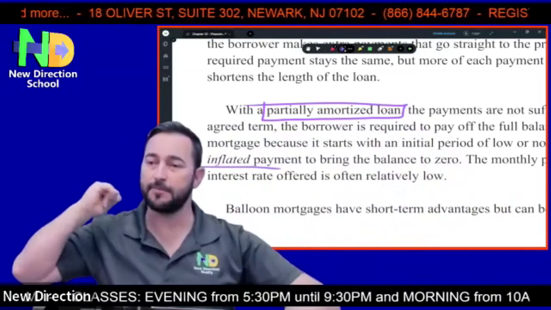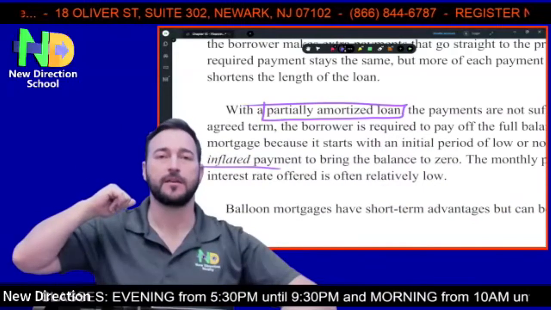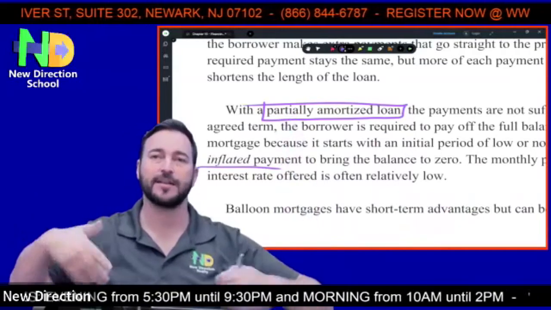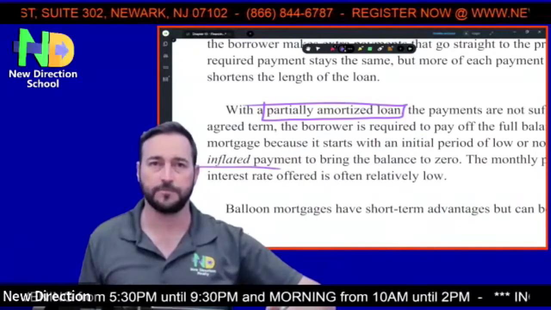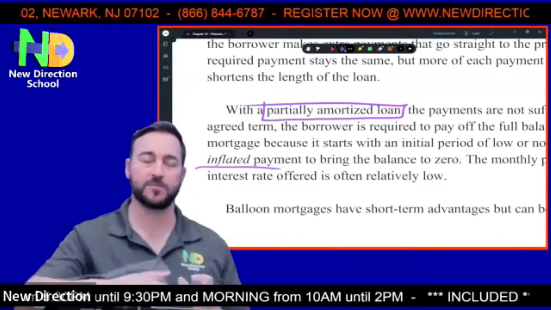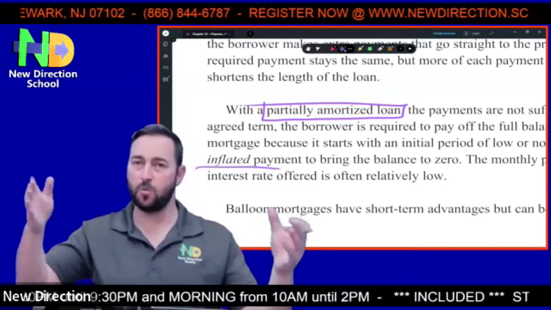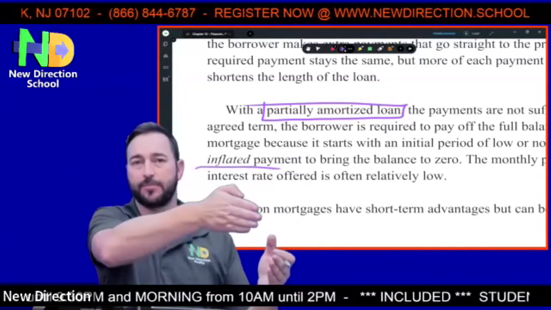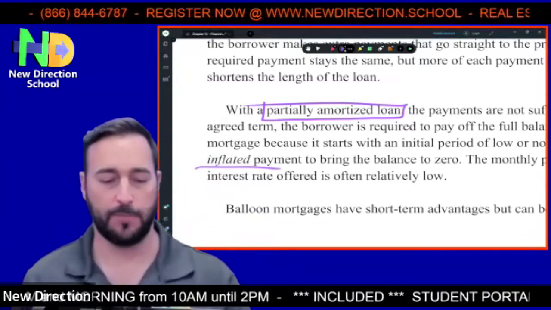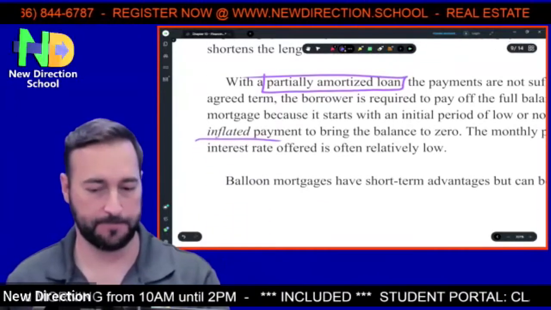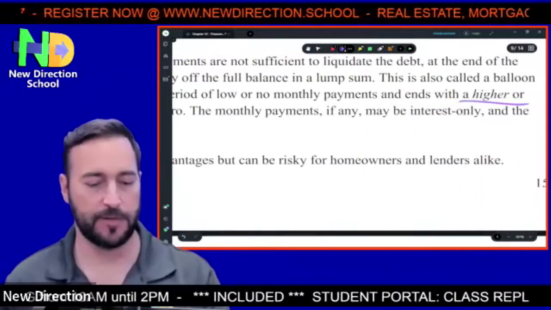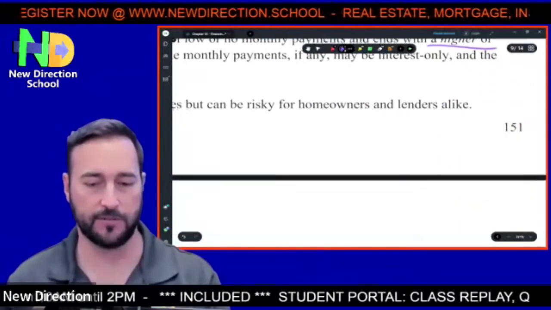Or the example I gave you guys before: it could be based on 30 years, but 5 years later you have to pay it off. It's still called a balloon. The fact that the final payment is more than the monthly payments have been is what makes it a partially amortized or balloon mortgage. Balloon mortgages have short-term advantages, but can be risky for homeowners and lenders alike.